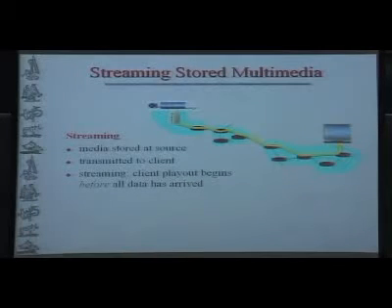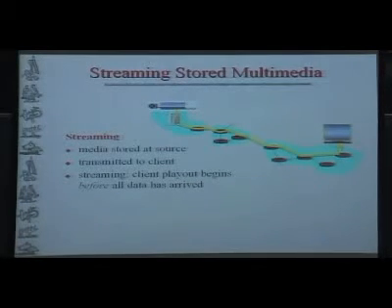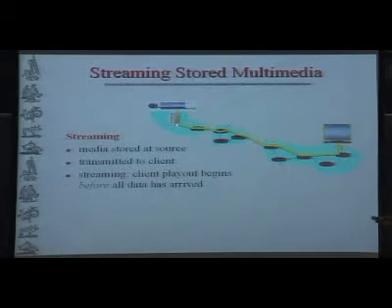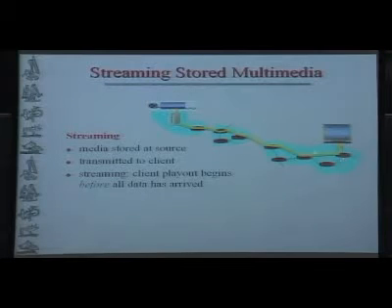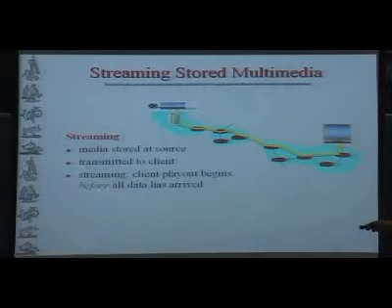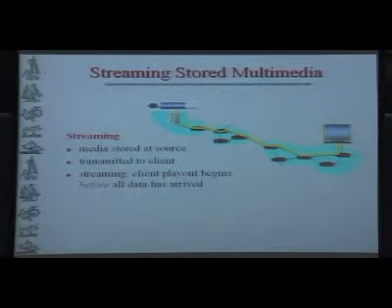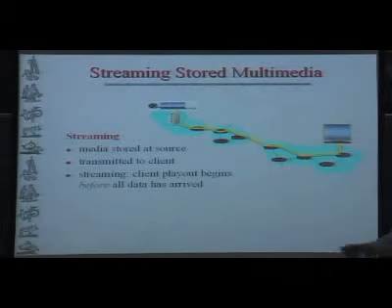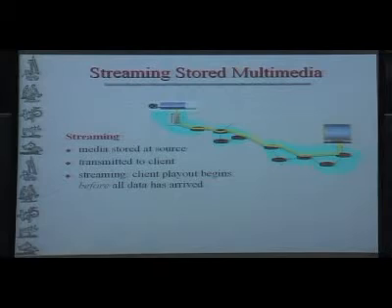Now, in streaming, media stored at the source, right here, will be transmitted to the client through all these nodes, and the client playout begins before all the data has arrived. So the keyword here is before. This is the difference between streaming and downloading. In downloading, you hit the download button, you wait until everything gets to your desktop, and then you play. Then you just wait, and there's no challenge there.